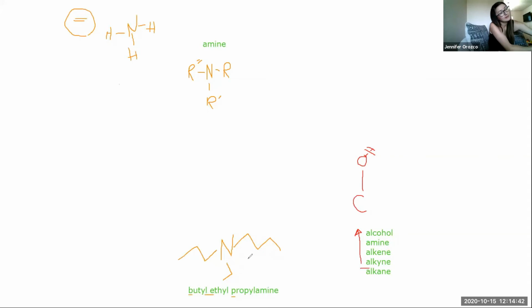Because 1, 2, 3, 4, right? So 4 is butyl, 4 would have more carbons. Prop has 3. And ethyl has 2. We put propylamine because P is higher in the alphabet than E or B.